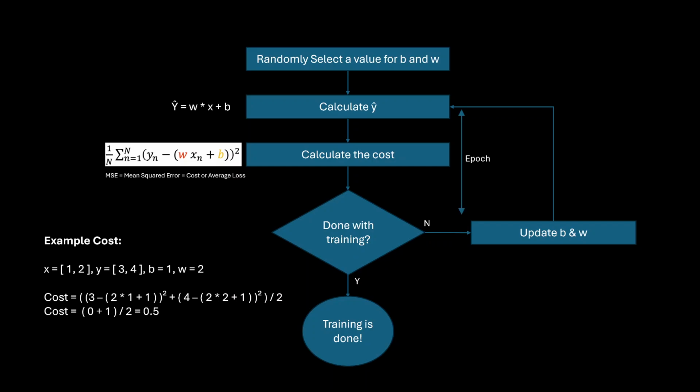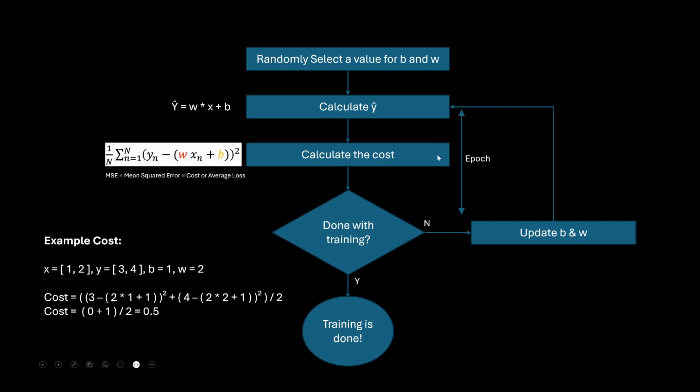These steps done in the training process together are called an epoch. So whatever we are doing here, calculating the y hat, calculating the cost, asking the question if we are done with the training, these steps together are called an epoch.